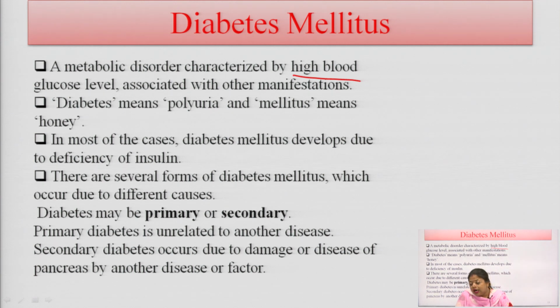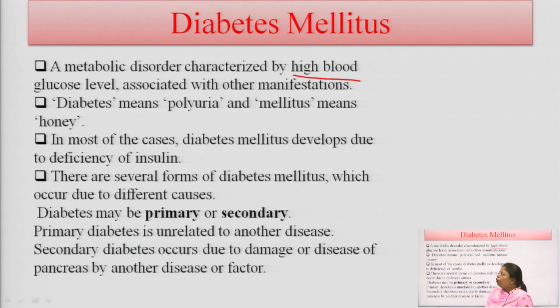Diabetes means polyuria, highly increased urine secretion with increased sugar level. So, in most cases, diabetes occurs when the body is unable to produce insulin, or when the insulin is not working properly here.